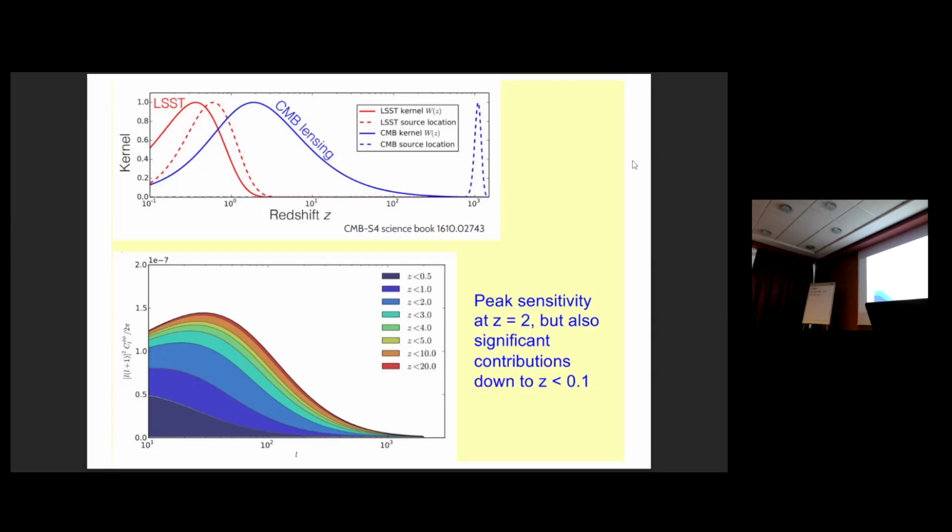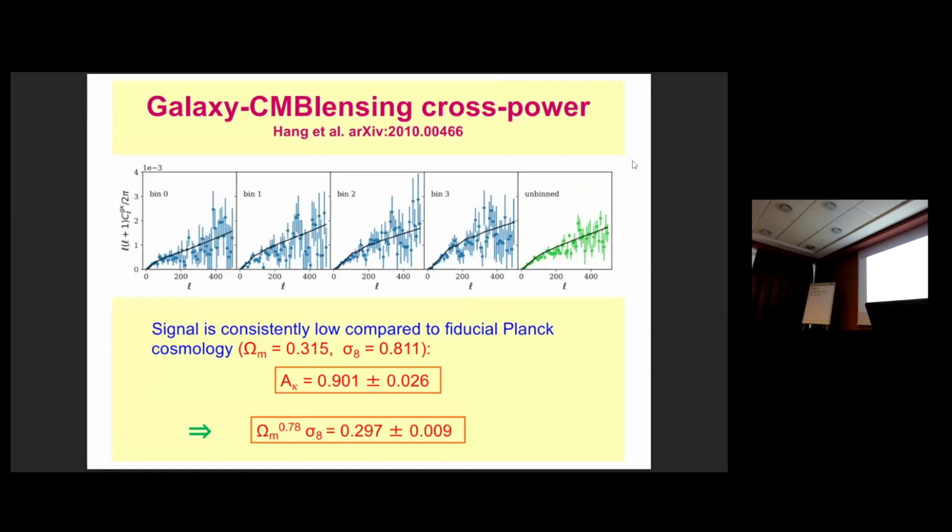That is to take low redshift galaxy catalogs, cut them into slices, and cross-correlate those slices with the CMB lensing map. That allows you to pull out the fraction of the CMB lensing signal that exists at low redshift. So here are results from a paper we did with my student Alan Hang, now off his postdoc, a few years ago.